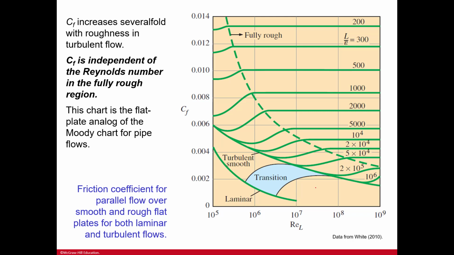CF increases several-fold with roughness in turbulent flow. We talked about that. It's independent of the Reynolds number in the fully rough region, right? Surface roughness has a profound effect. The chart is the flat plate analog of the Moody chart for pipe flows.